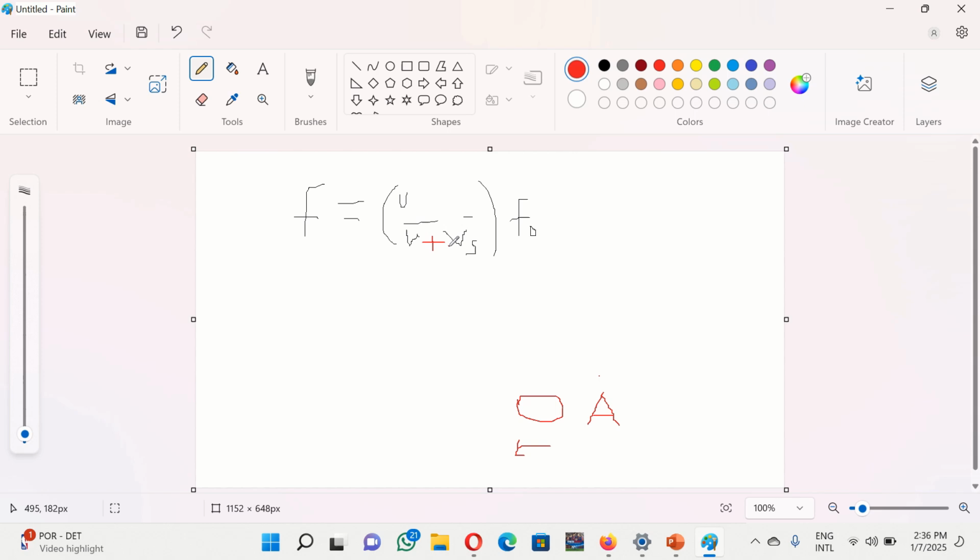So treat this as a fraction where we have B is equal to C over D. So when D is bigger, B is smaller. And when C is bigger, B is bigger.